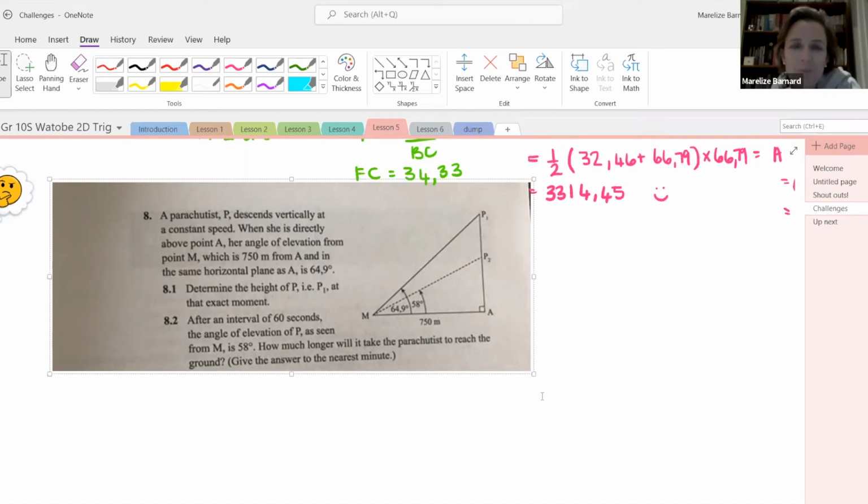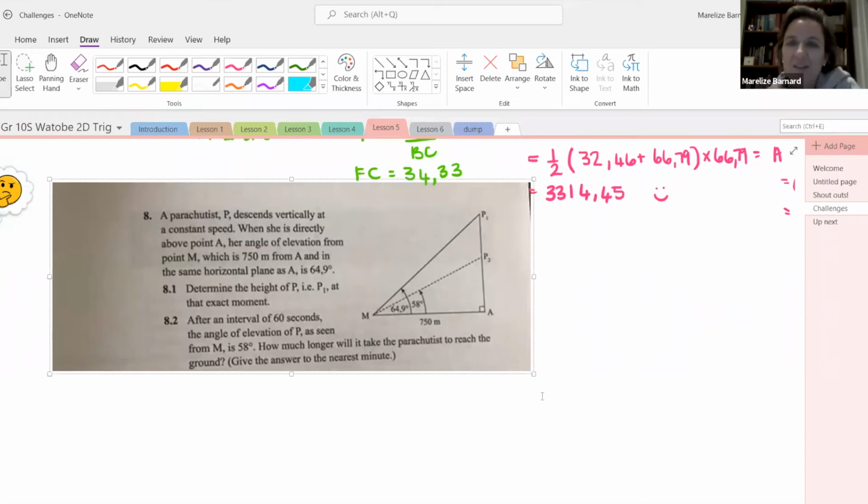Determine the height of P, in other words, P1, at that exact moment. So the minute she starts descending, she is at that point, P1. So what is her height at that time? Let's deal with this first question first before we go on to the next question.